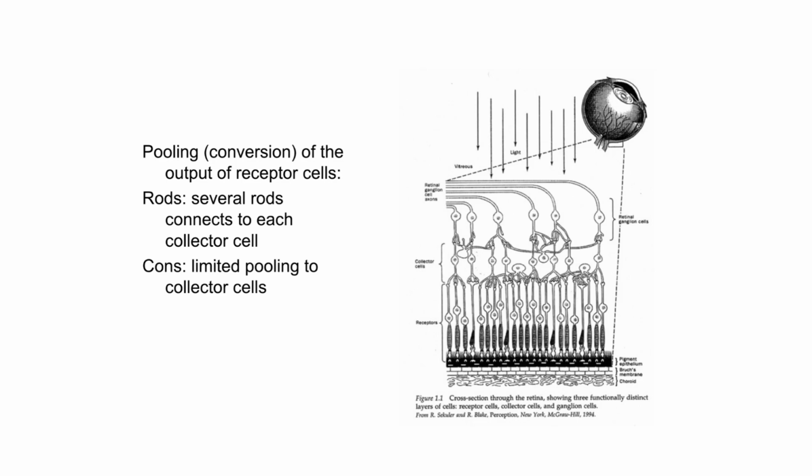But cones hold light, so it's relatively easier to create sight with smaller lights than a large number of low luminous lights, right? So it's justifiable that cones have limited pooling, but rods have extensive pooling or extensive connection with the collector cells.